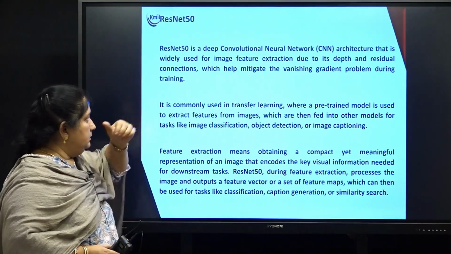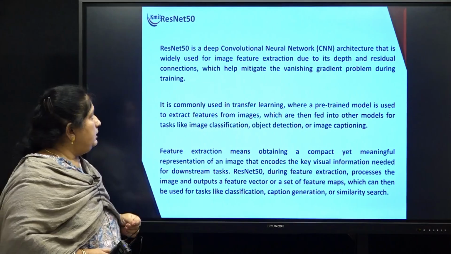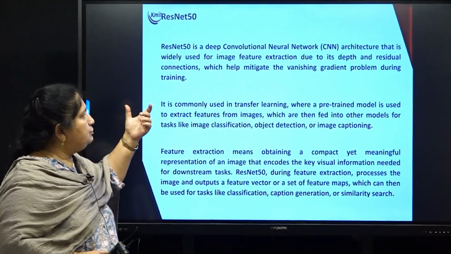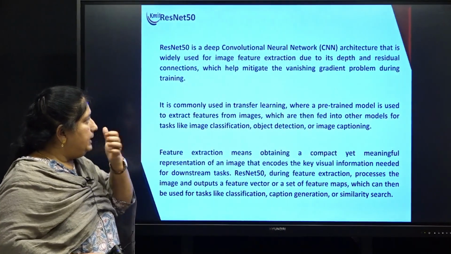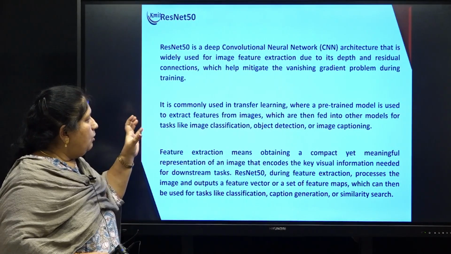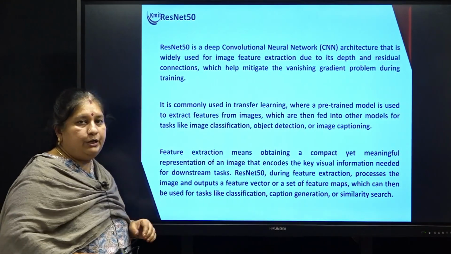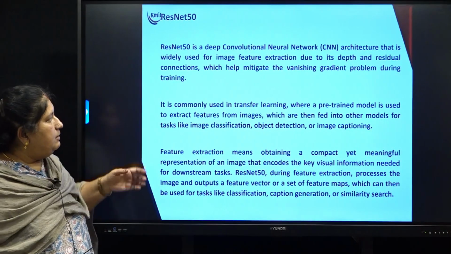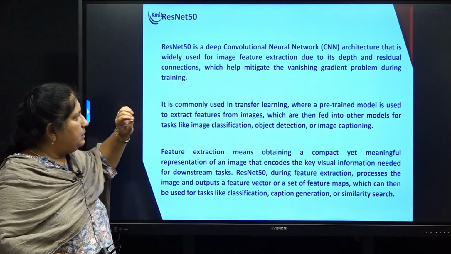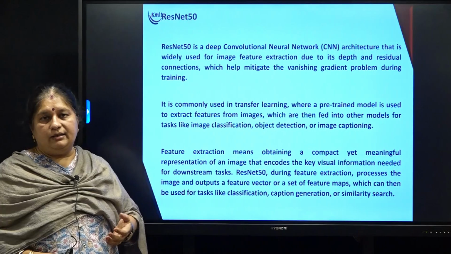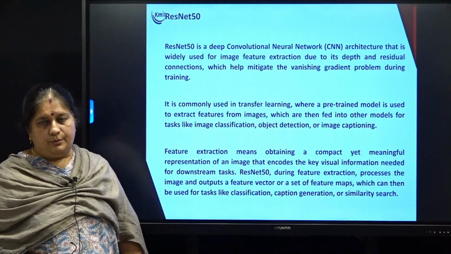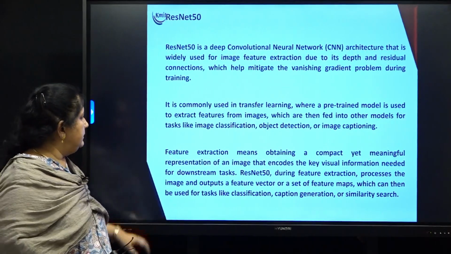It is a deep CNN model which tries to extract features from the image and put them in a feature vector. Why is this so popular? Because it is able to mitigate the vanishing gradient problem which we see in other models.